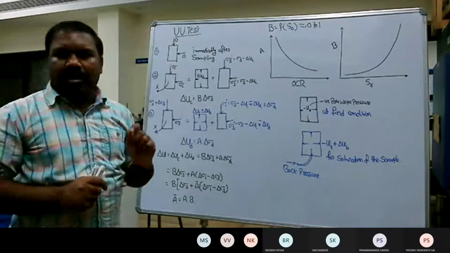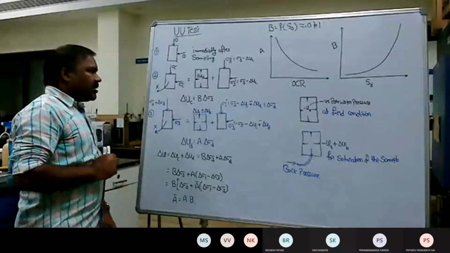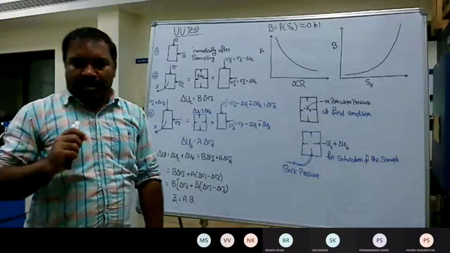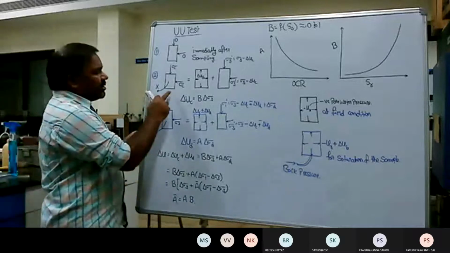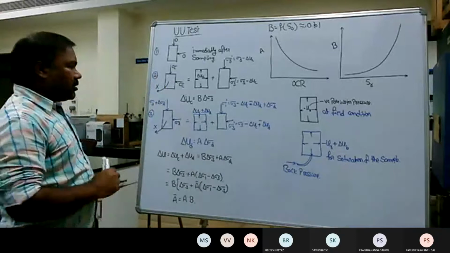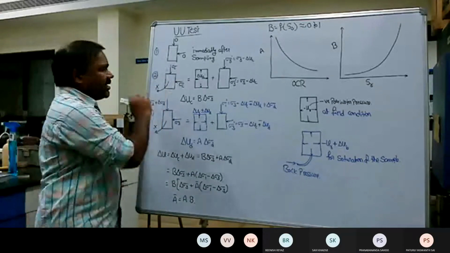Now, we have already taken the soil sample out of the ground, and this sample will be subjected to triaxial testing. As we were discussing in the previous class, the very first step when you conduct any triaxial testing is to apply a cell pressure uniformly all around the soil sample, in the lateral direction as well as in the axial direction.